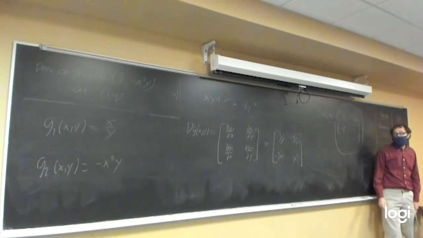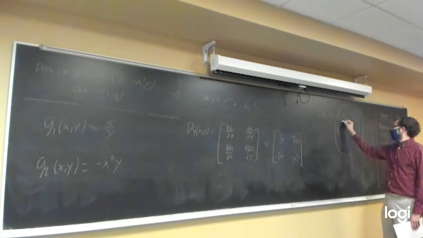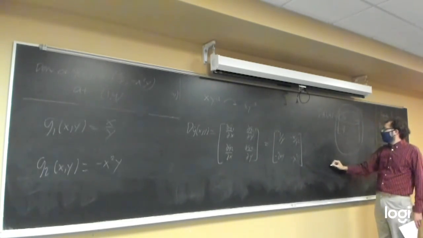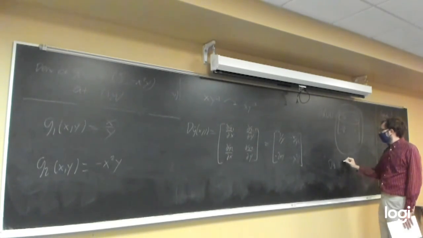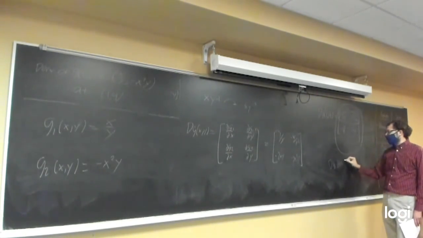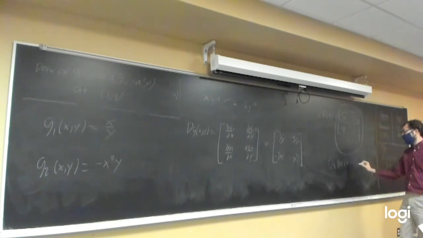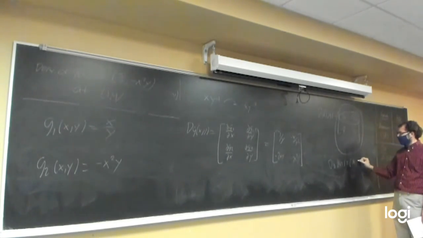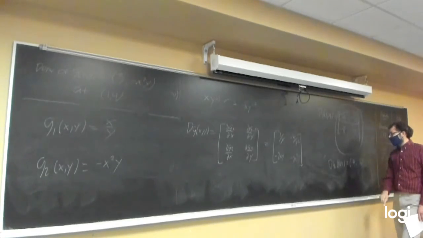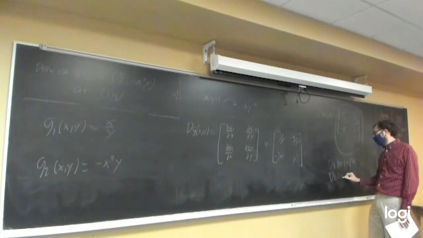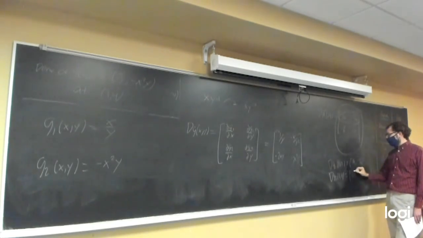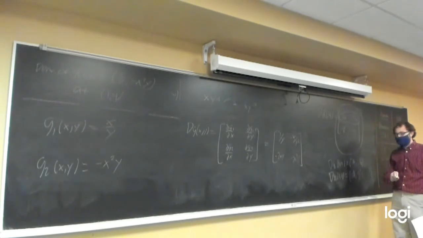So again, the top row is going to give us the gradient of g1 at the point 1, 4, which would just be the vector made up by the top row: 1/4, negative 1/16. The bottom row is going to give us the gradient of g2 at that point, which is negative 8, comma, negative 1.